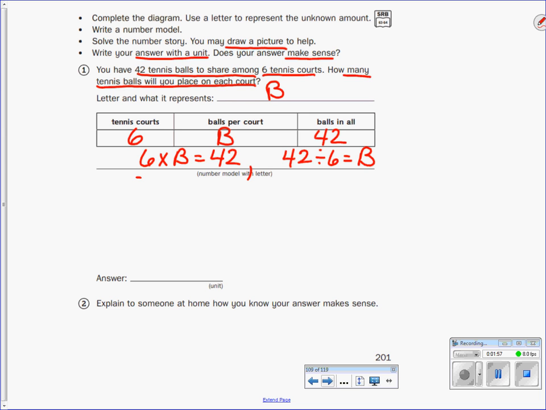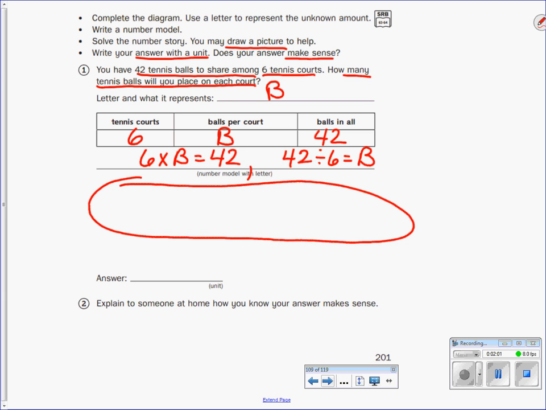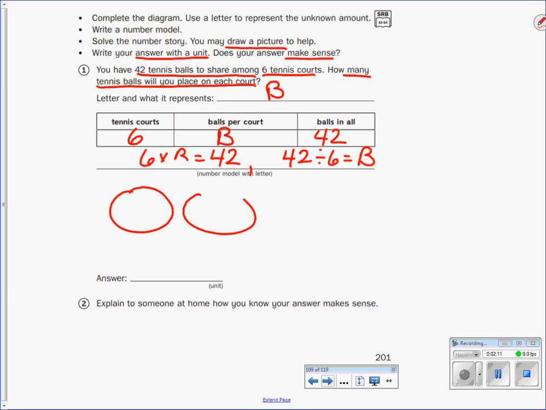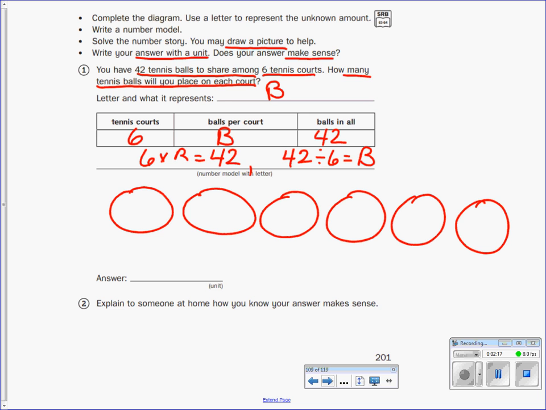So in this area here, boys and girls, is where you need to make sure you draw a picture to show me the work that you did. All right, so I know that I have 6 groups, and that will represent my 6 tennis courts. Okay, I can put 1 in each tennis court until I get to 42.